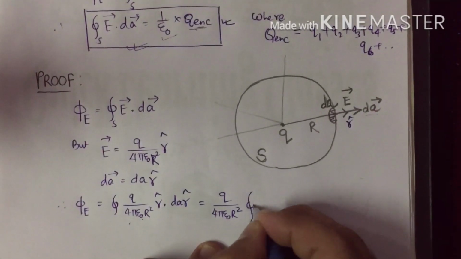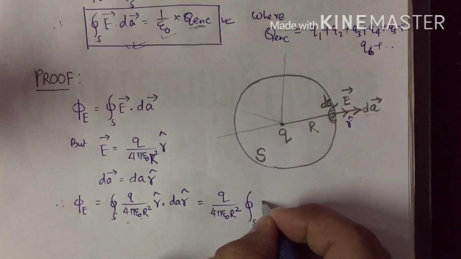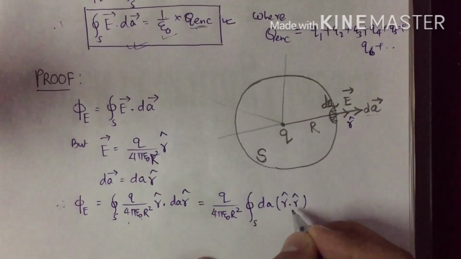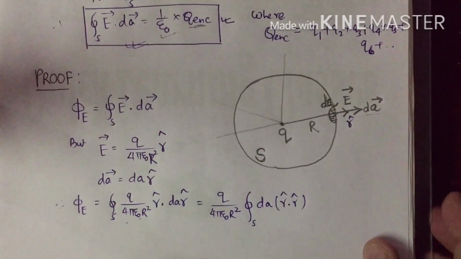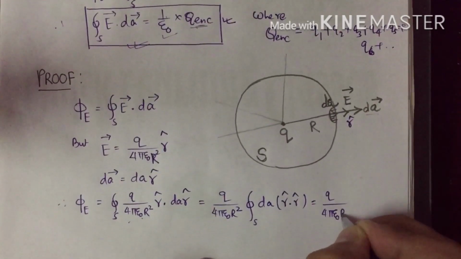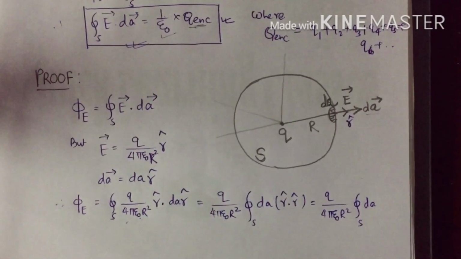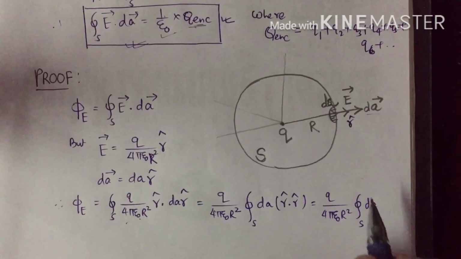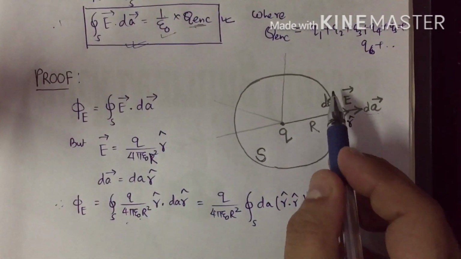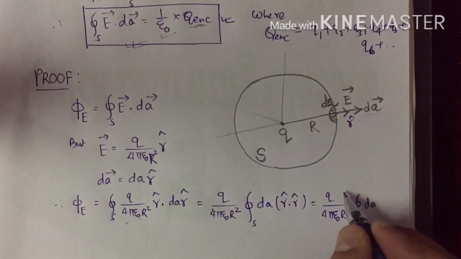It comes outside, and the closed surface integral is now of dA, and we have r cap dot r cap, which is equal to 1, and hence this becomes q divided by 4 pi epsilon naught R square, closed surface integral of dA. This means dA is a small area element on the surface. If you integrate this area element through the entire surface of the sphere, you will get the total surface area of the sphere.